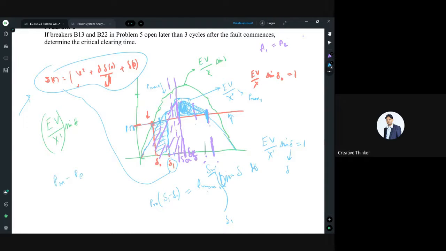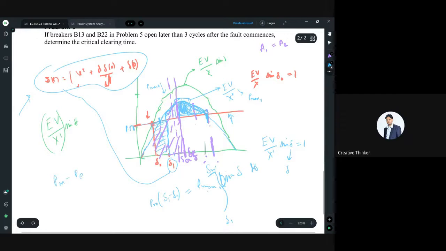What will be the deaccelerating area? The excess area you are getting beyond the mechanical power line. Are you able to see this one? You are able to see my cursor?